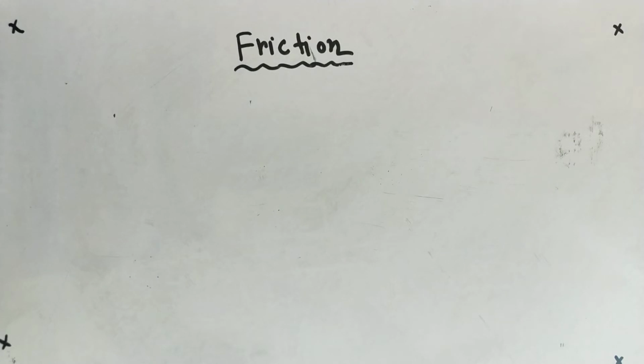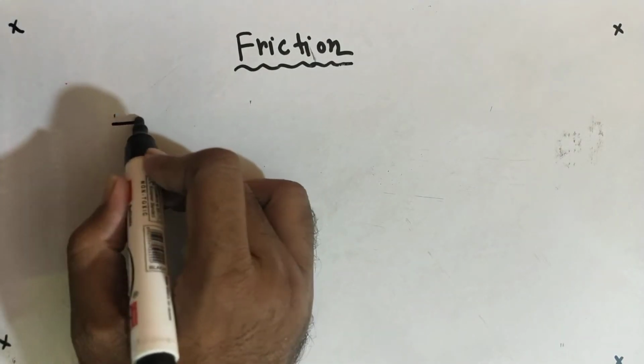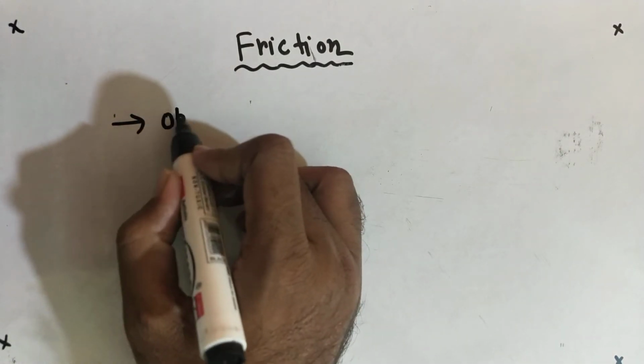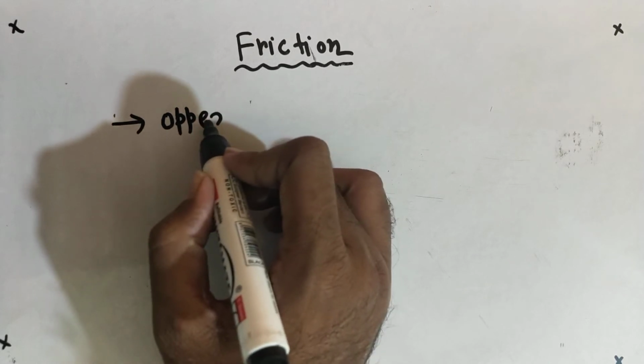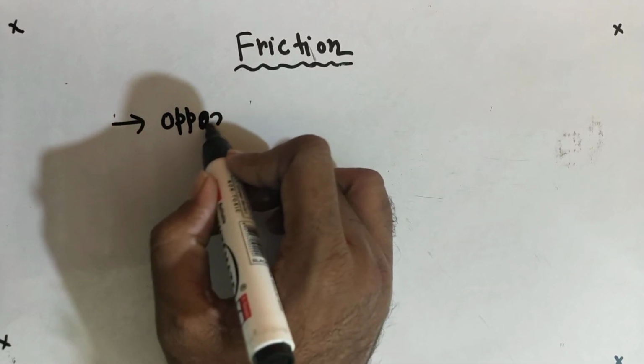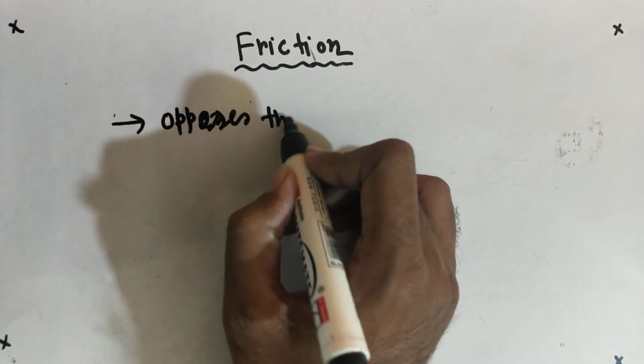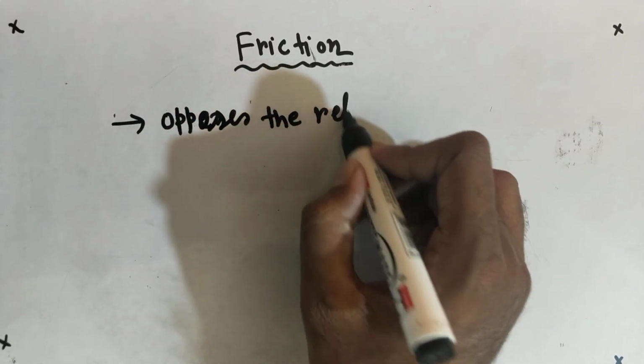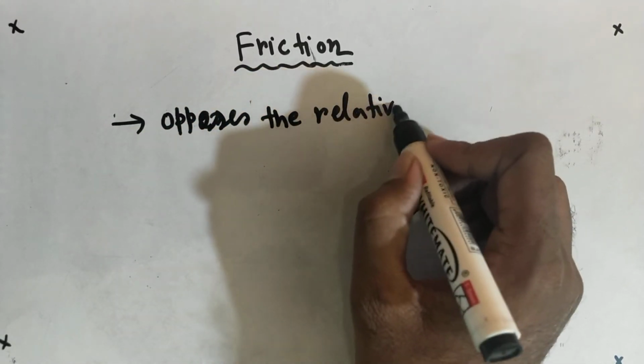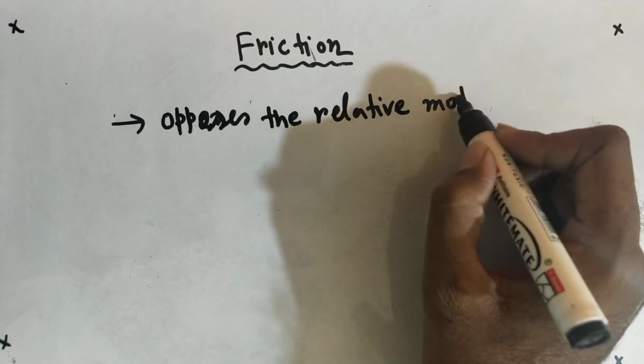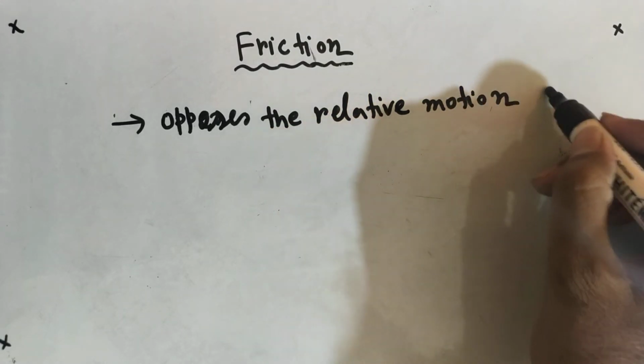One is the frictional force. Frictional force always opposes the relative motion of contact surfaces. This is very important.